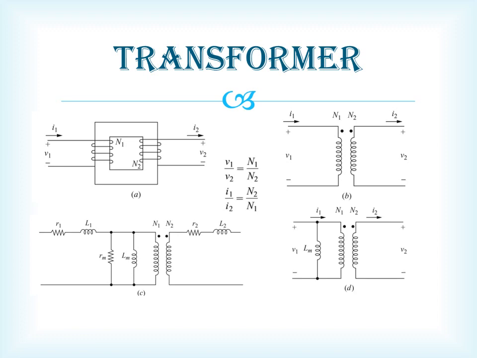In an ideal scenario, we usually ignore all these losses, that is R1, L1, R2, L2, and Rm are ignored, and the useful inductance part, which is the mutual inductance, is usually taken into consideration. However, in a practical case, these will have some effect in the circuit, but to make the calculation simple and understanding easier, we usually neglect these at this level.